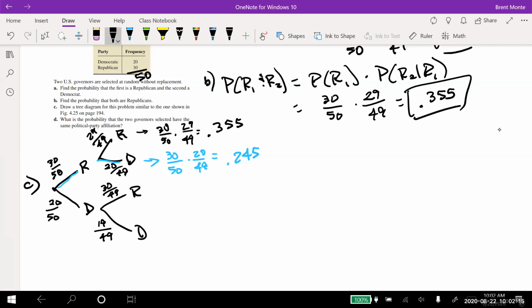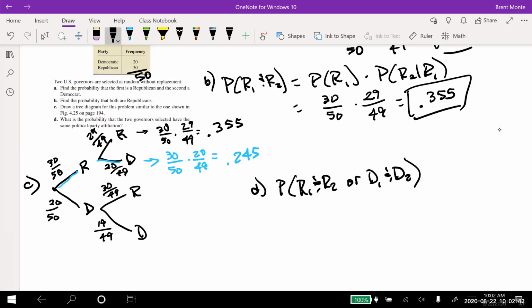Okay. And then D, what's the probability the two governors selected have the same political affiliation? Well, that's going to be the probability of Republican and Republican, or, let's not put the P there yet, let's do this, or Democrat 1 and Democrat 2.